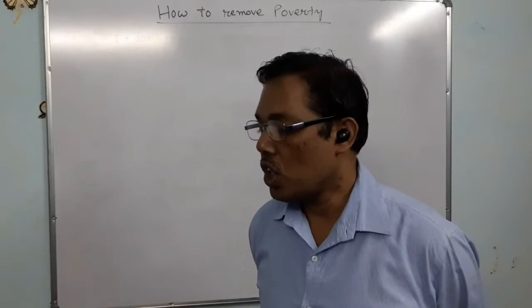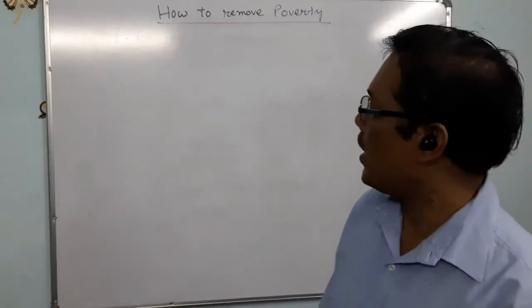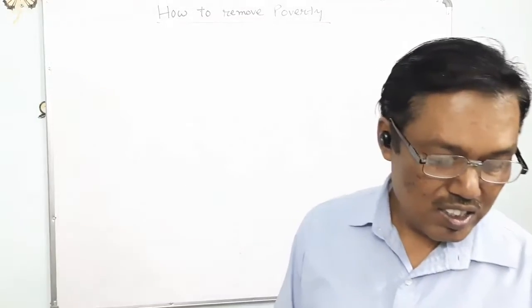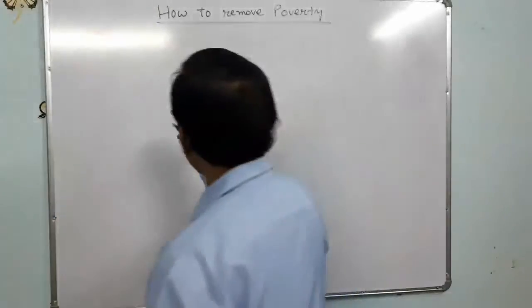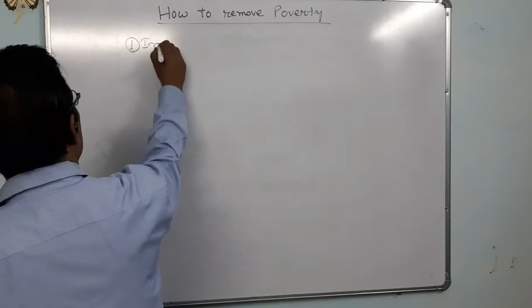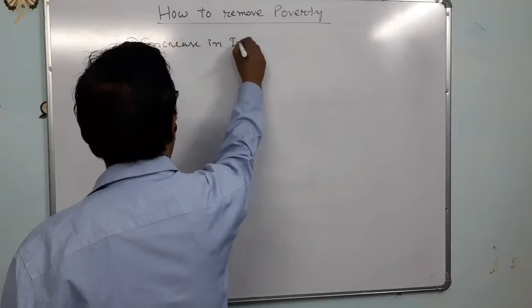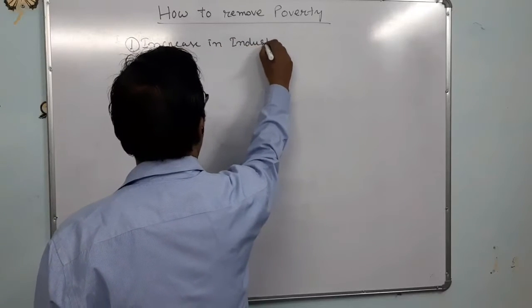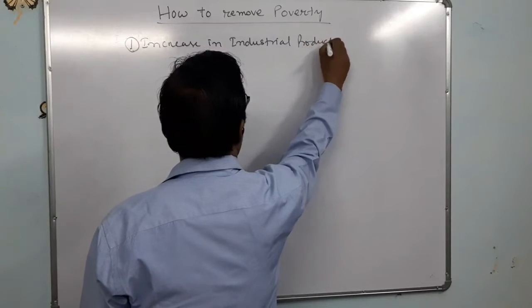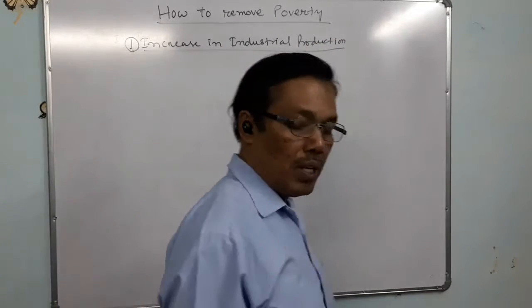to solve this poverty, the first point we may write is an increase in industrial production. Which is indirectly related to increasing employment opportunities.